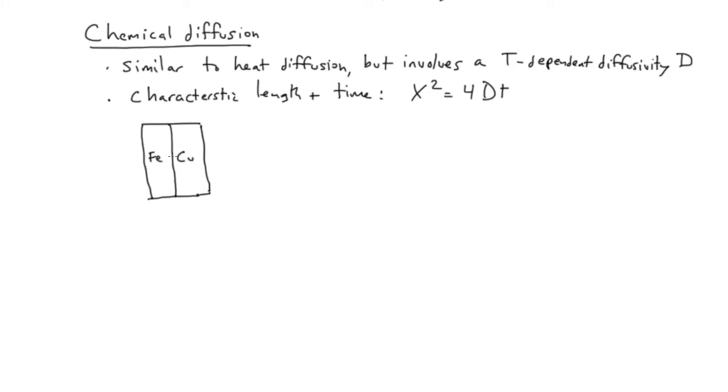Over time, a little bit of copper is going to enter the iron, and a little bit of iron is going to enter the copper, right? The way that happens is the molecules bouncing back and forth, kind of like when we talked about diffusion creep. They mix, and that's going to be highly dependent on temperature. So it's going to be dependent on the material, whether it's copper or stone or whatever, but also on the temperature.